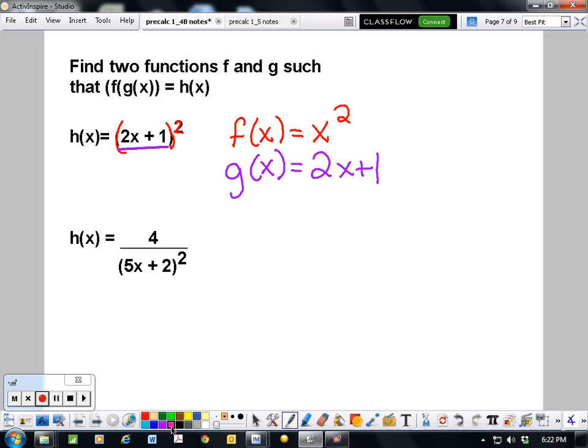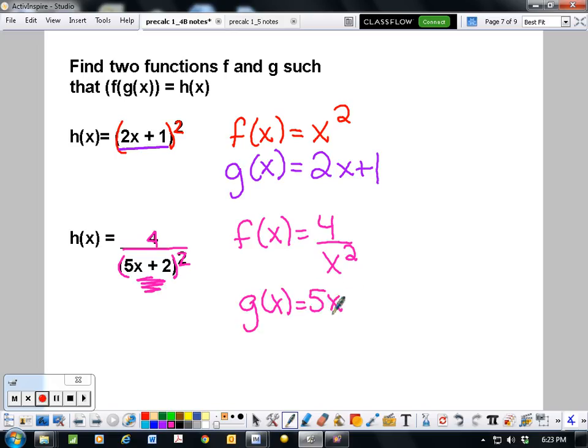And then our next one, we can say our f of x is 4 over x squared. And then what we're plugging into it is this part right here. So our g of x is 5x plus 2. Again, a lot of different options for us, but looking at how those can be pulled apart to give us two functions in composition form.